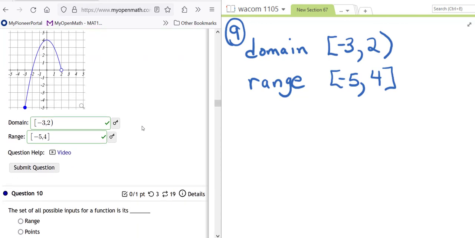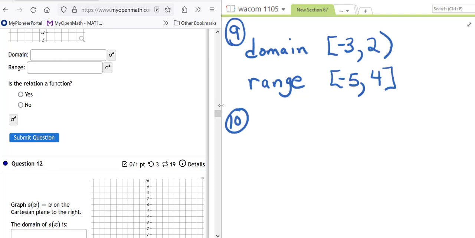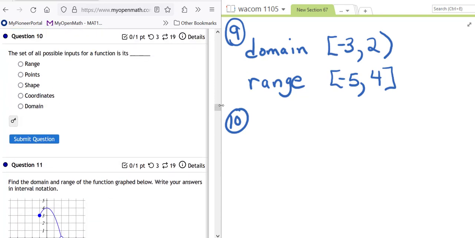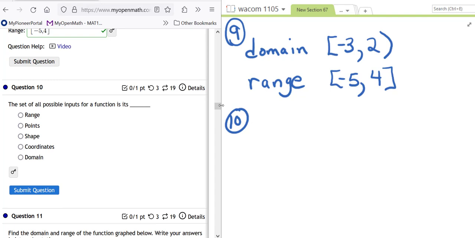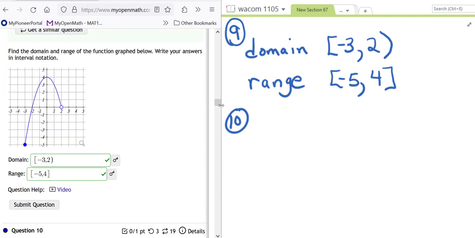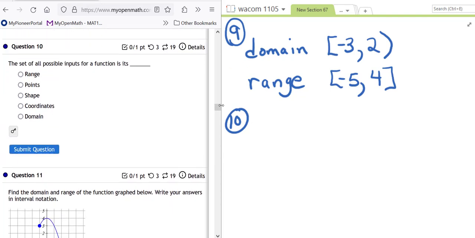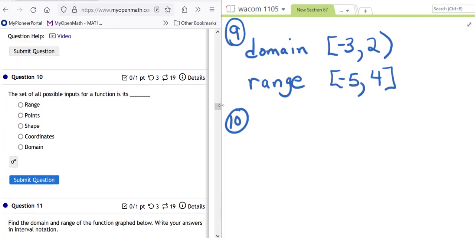All right, we'll see if we can do a couple more, and then we'll stop. I did 9. So 10 is one of those where you're choosing the set of all inputs.